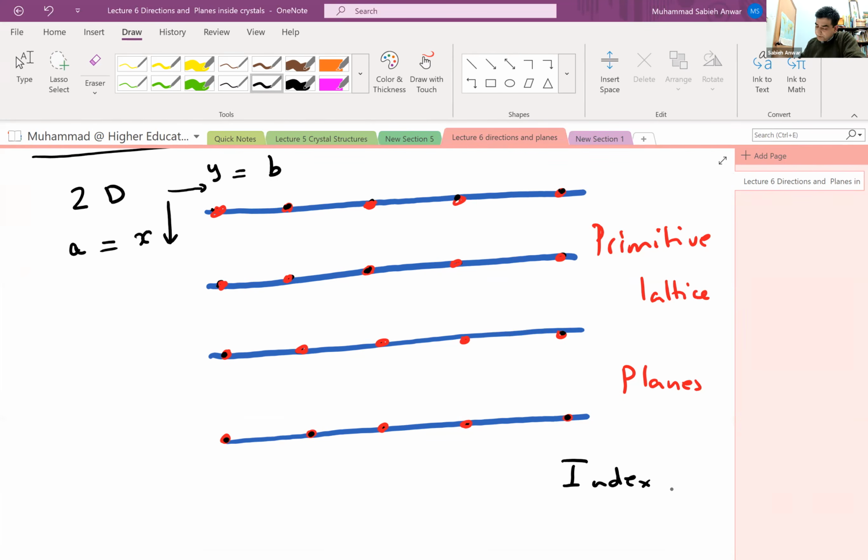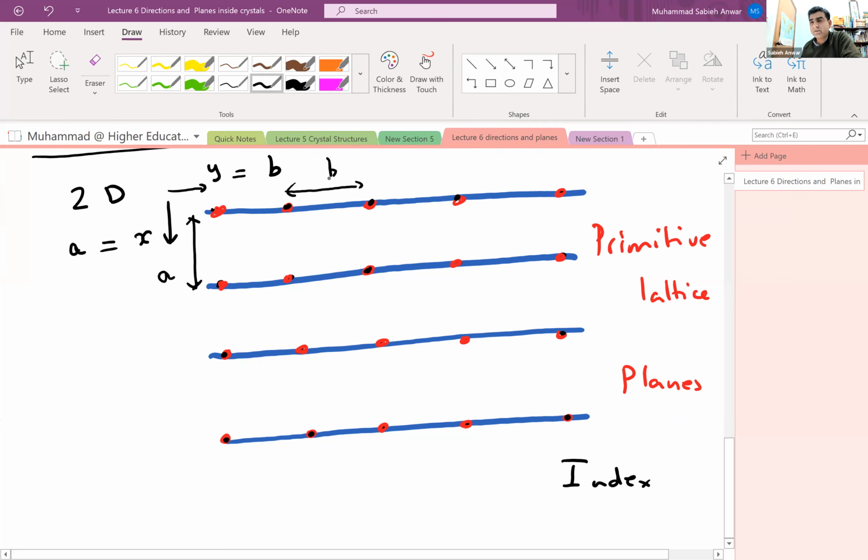So the planes that I've drawn, how would I identify these planes? This is my unit cell length A along the X direction, and this is my unit cell length along the B direction.